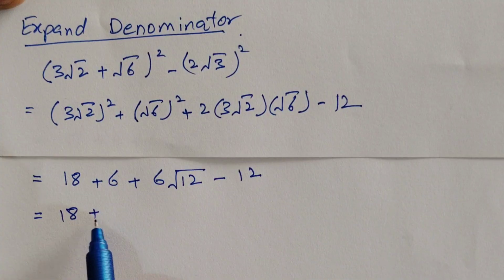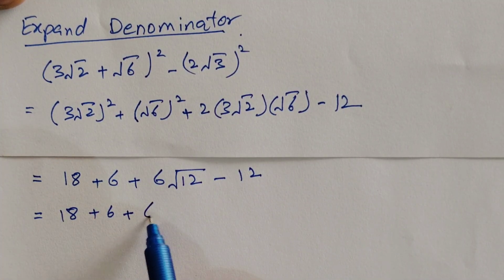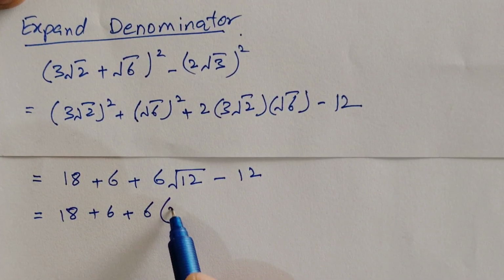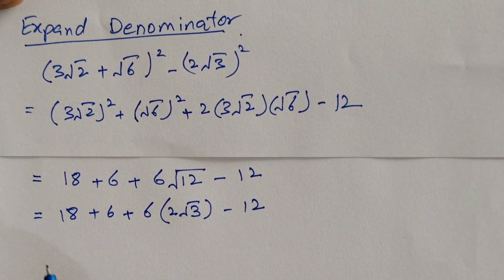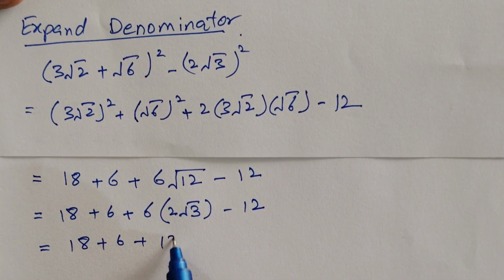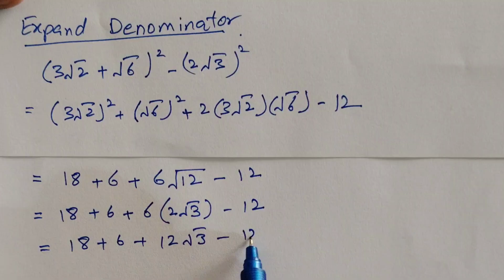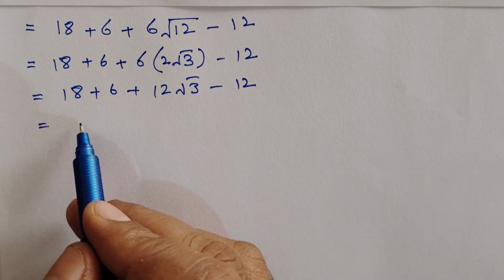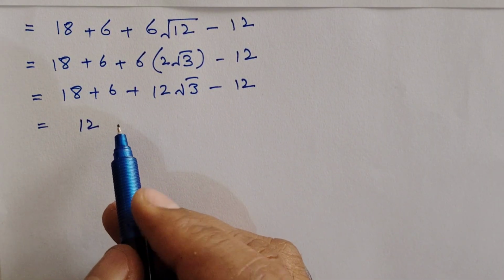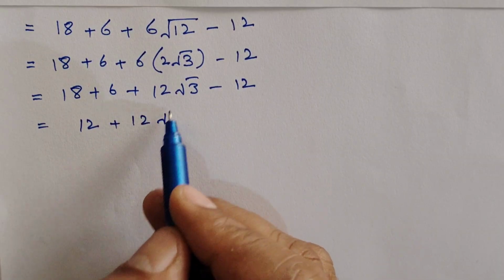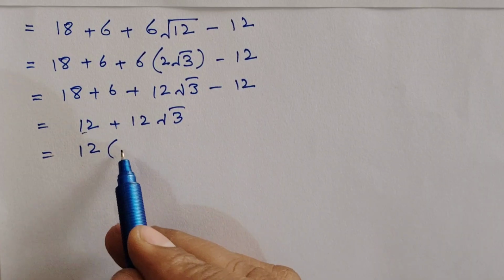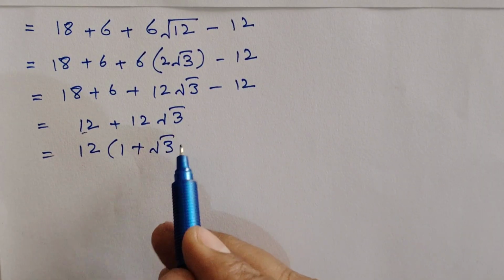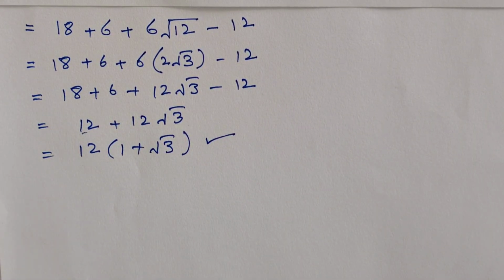Here 18 plus 6 plus 6 times 3 square root of 2, which is equivalent to square root of 12, minus 12. 18 plus 6 plus 12 square root of 3 minus 12 is equal to 12 plus 12 square root 3. Now we take 12 common on both of them, 12 into 1 plus square root of 3. Now this is the denominator.